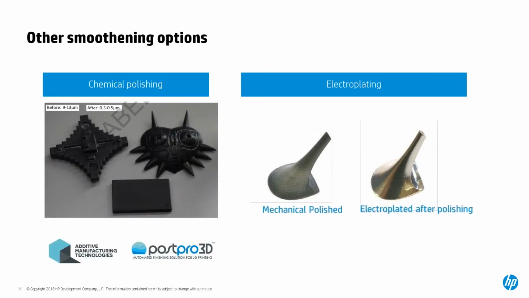And as the last part of my presentation, there are other smoothening options that could be used. There's another very interesting option that is chemical polishing.